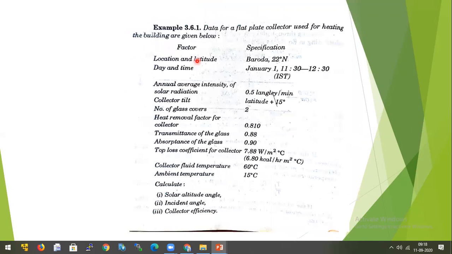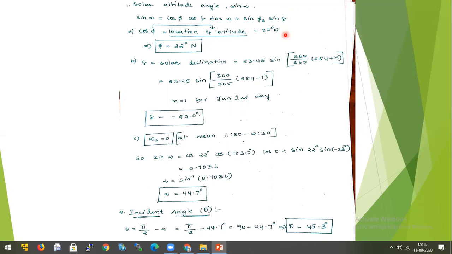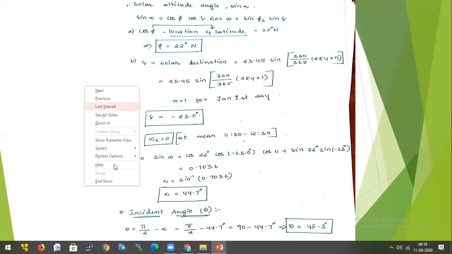It is given as 22 degrees north. Phi and phi s are both the same, which is why I represented both in the equation. So phi or phi s is equal to 22 degrees north.